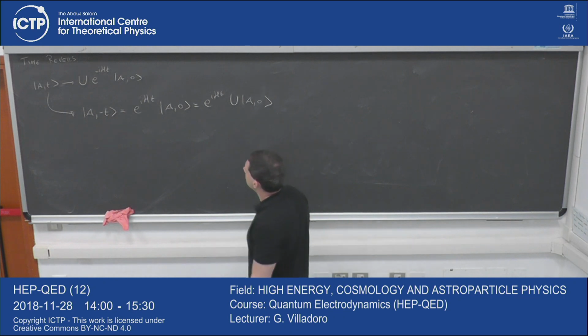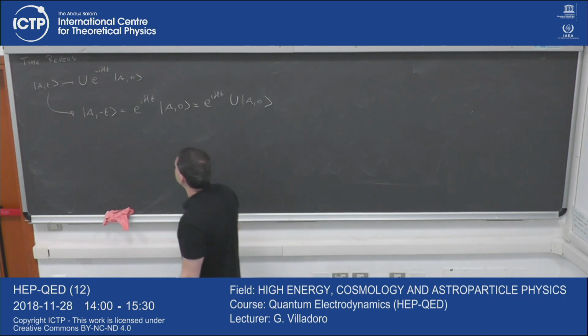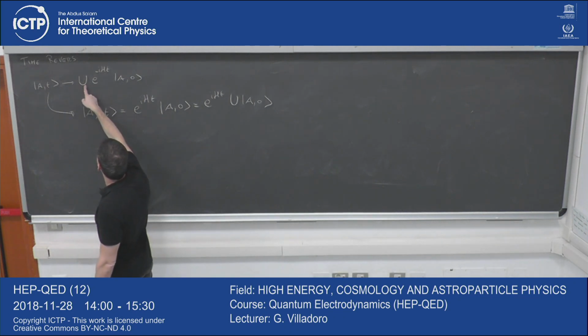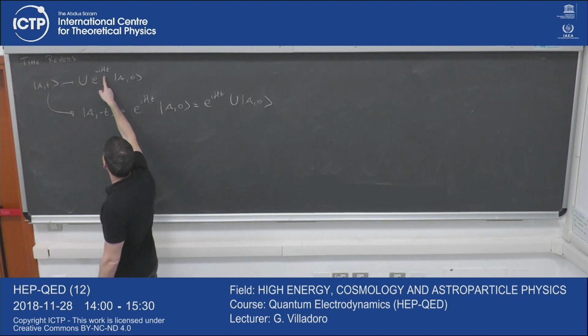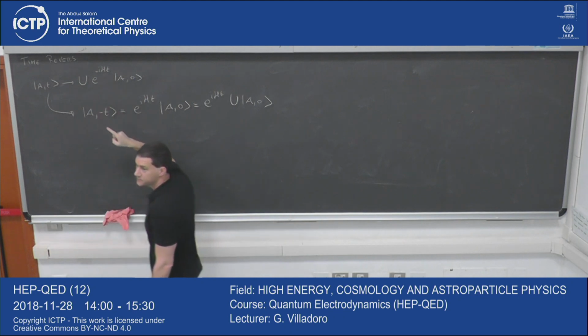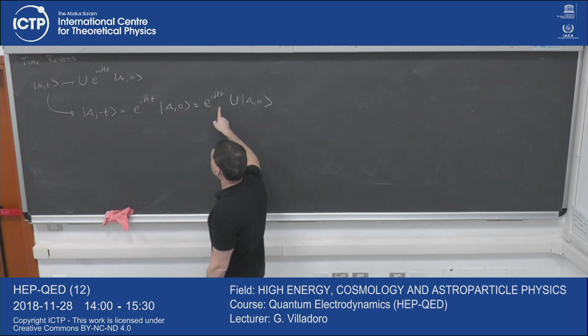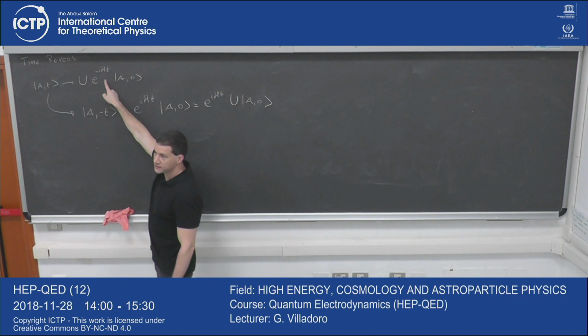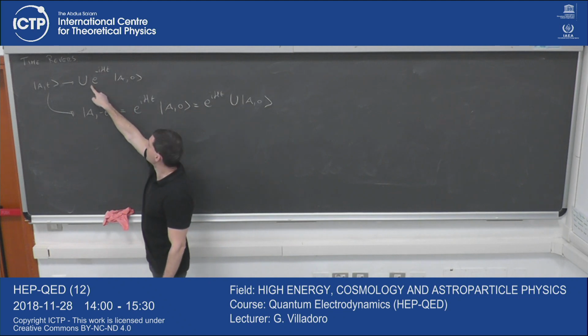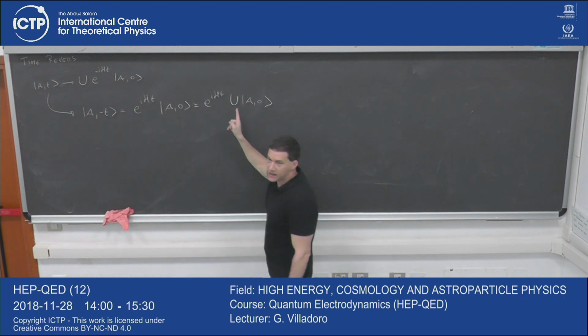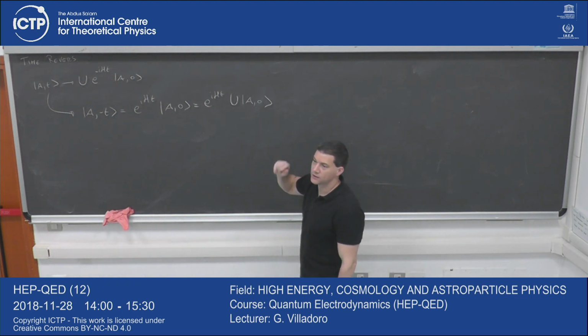But then you see that U, if it's a unitary transformation, cannot commute with the Hamiltonian, because this guy must be equal to this guy. If it commutes with the Hamiltonian, you will pass through, and its action on the state will not be the one of time reversal.